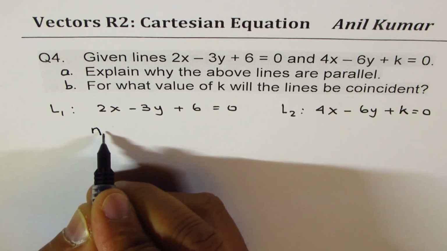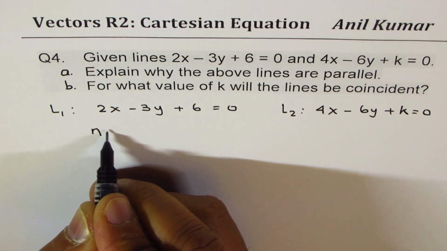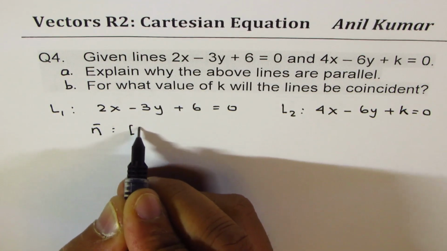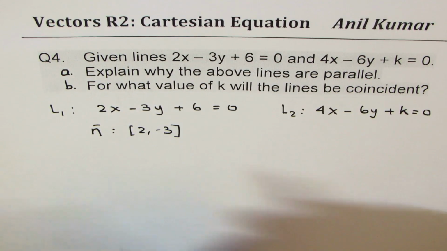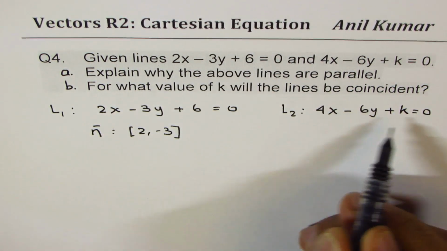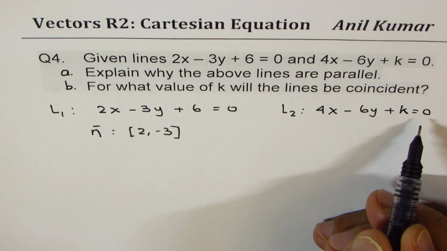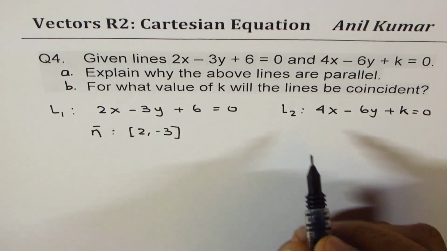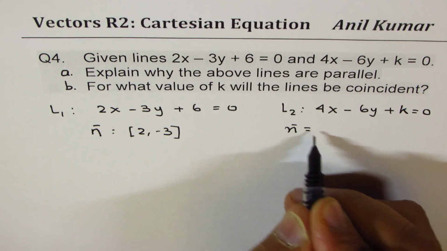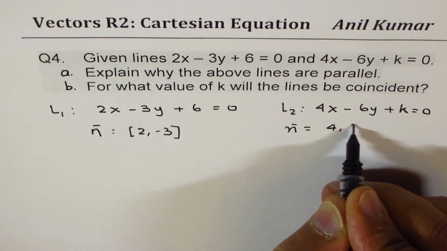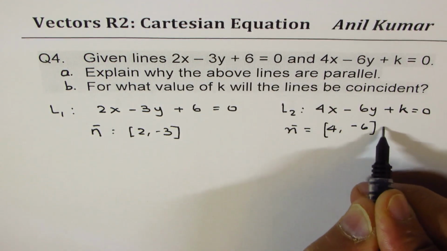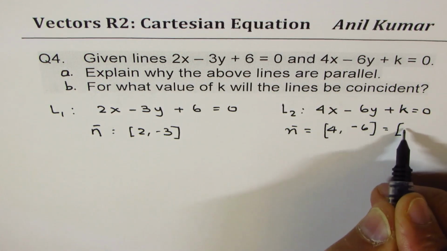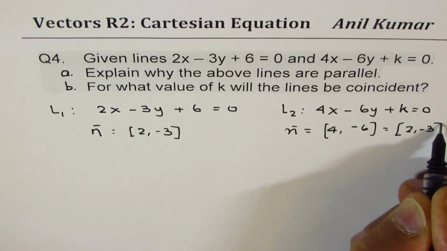Well, the normal vector here is (2, -3). In this line, since 0 is there, we can divide everything by 2, for example. But let me first write the normal vector here, which is (4, -6), which is also the same as (2, -3). Do you see that?